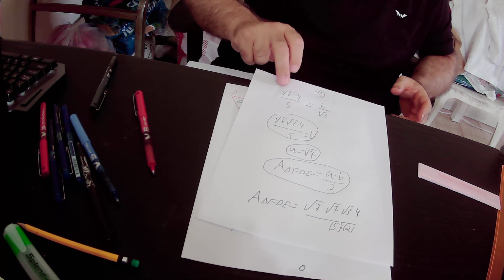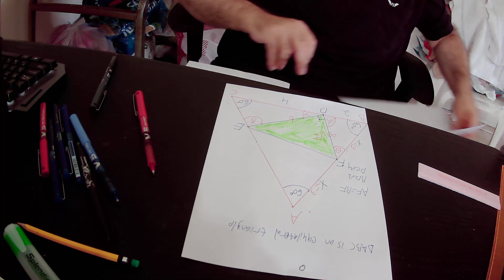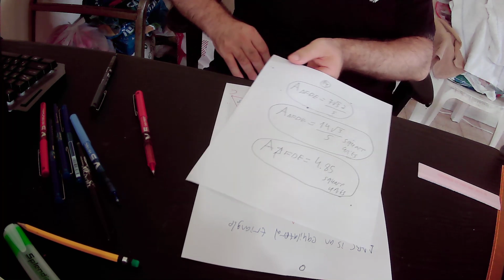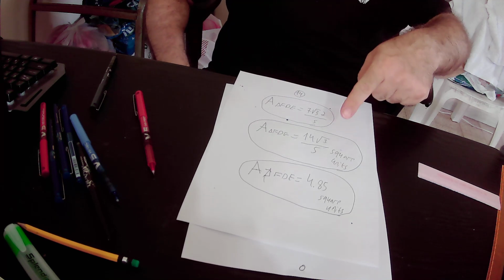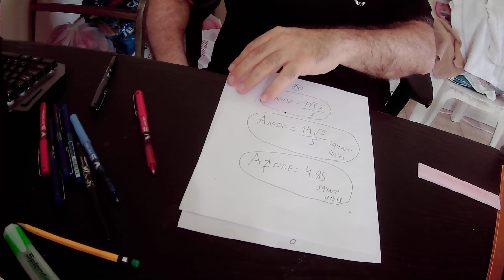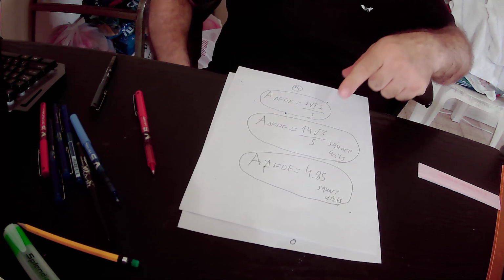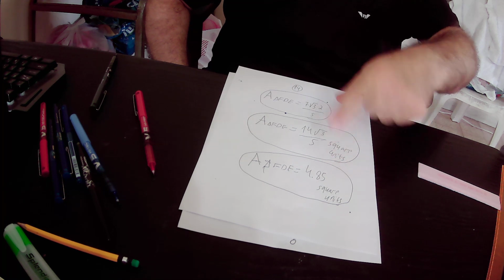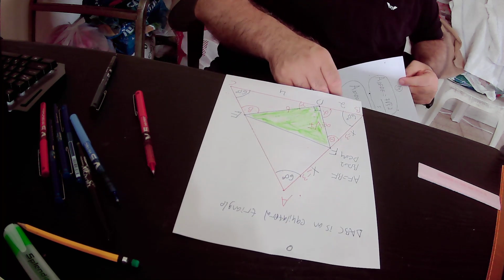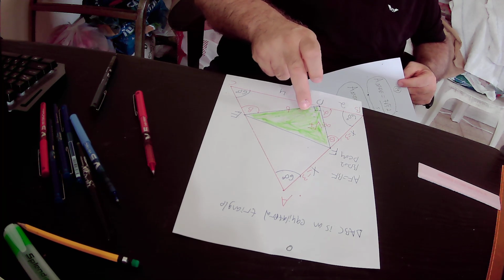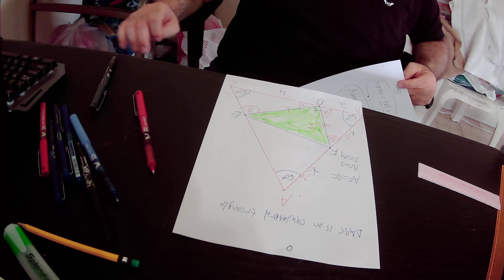So we found that the area of the green triangle FDE equals 14 times root 3 over 5 square units, or in terms of numbers, 4.85 square units. Again, the area of the green triangle FDE equals 4.85 square units. Okay, thank you very much.